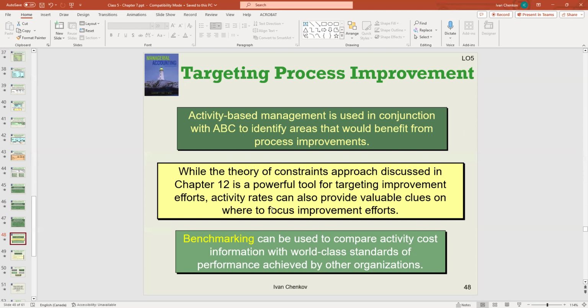Where in the company, where else in your personal life, where else in your electricity bill. And then we can use benchmarking, which is to compare us with the companies which are world class, applying the world class standards, and to see how good we are compared to those people.